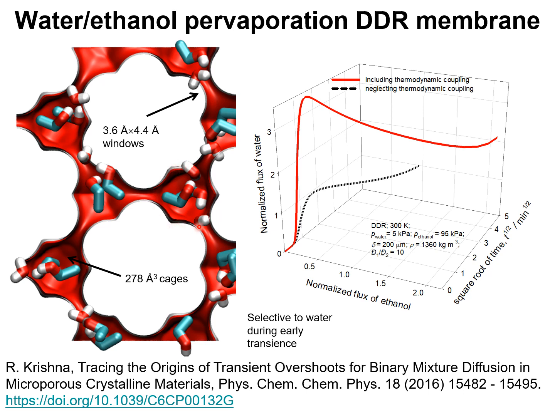DDR consists of cages separated by windows, and the window aperture is approximately 4 angstrom in size.